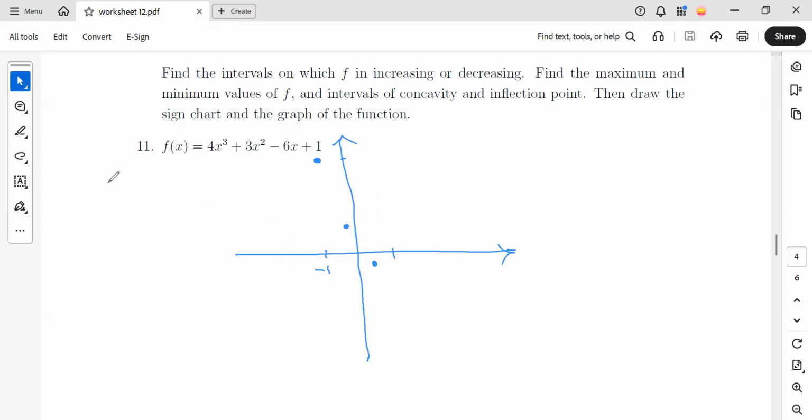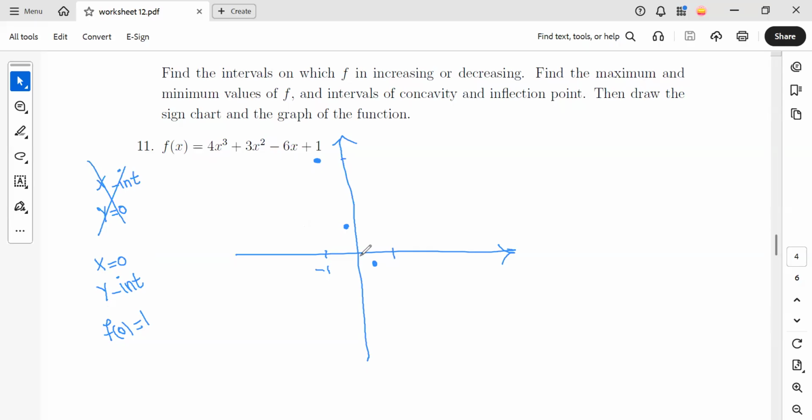One of the things that you can do is finding the x-intercept and y-intercept. The x-intercept, when you set y equals 0, is not easy to find here, so let's forget about this one. But if you plug in x equals 0, that would be the y-intercept, which is easy to find. So f of 0 is 1. Now, this is another point. We call it a helping point.